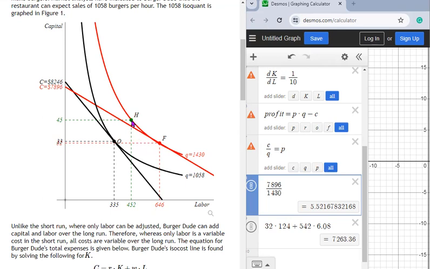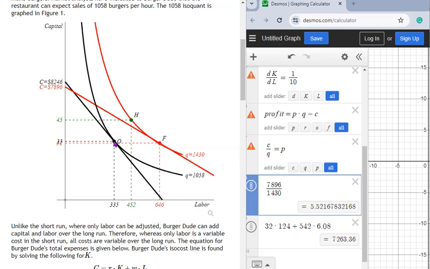As we slide from point H to point F, we're going to reduce capital demand from 45 down to 32, and we're going to increase labor from 452 to 646. In the output effect, capital increases from 33 to 45, and labor increases from 335 to 452.